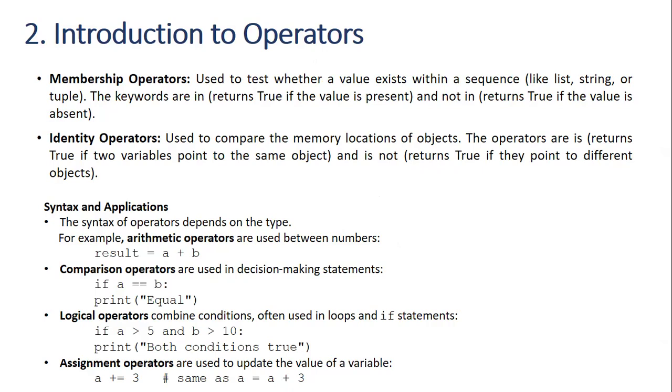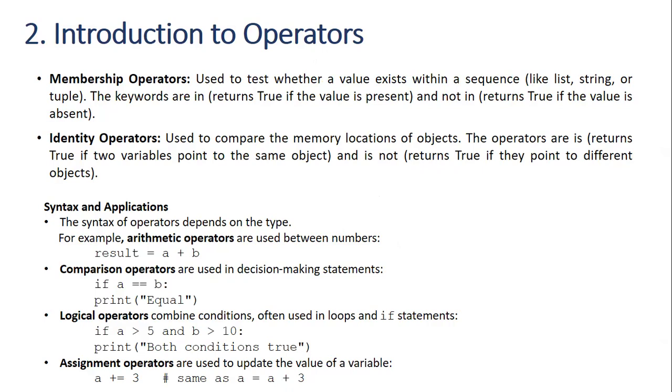In returns true if the value is present, and if it is not, it returns false. Identity operators are used to compare the memory locations of objects. The operators are is, which returns true if two variables point to the same object, and is not, which returns true if they point to different objects.